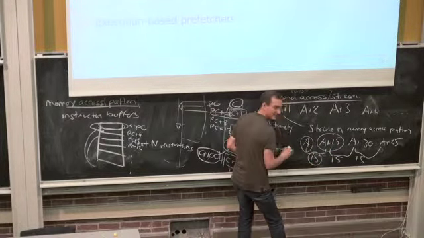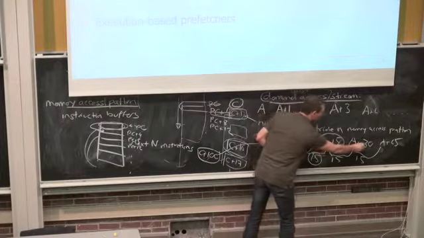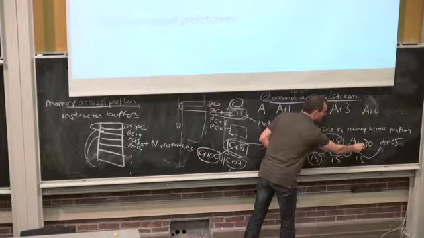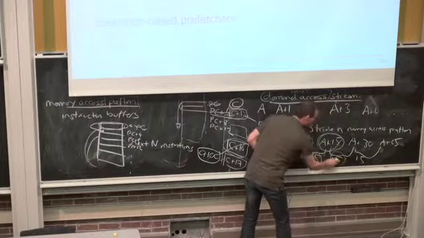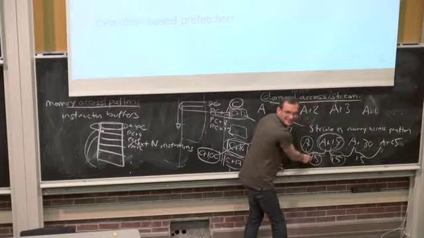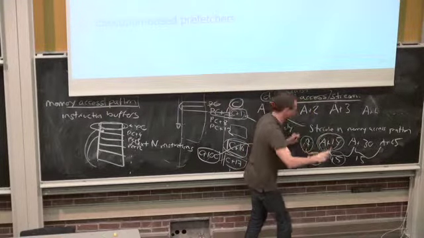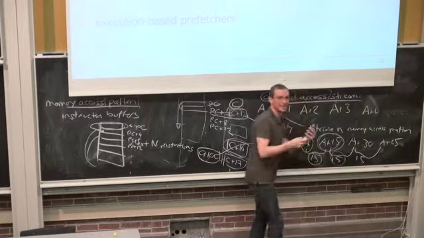Record that. Now record A plus 15. That's the last address. And the current address, A plus 30. The distance is 15. Does it match the previously recorded distance? It does match, right? Now you have a stride. And you could become more confident as you see 15. The hardware can keep counters.